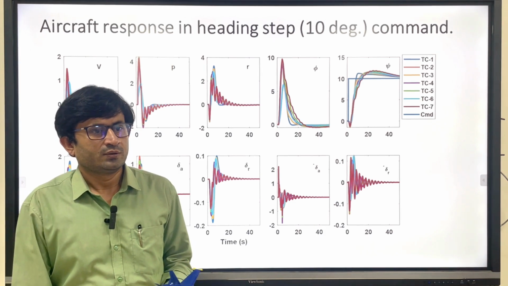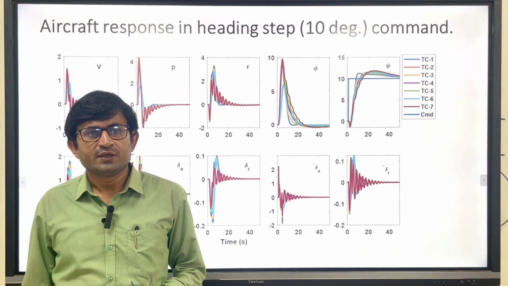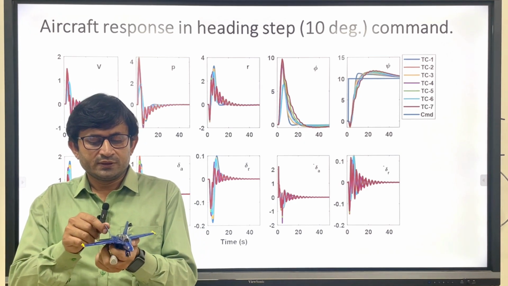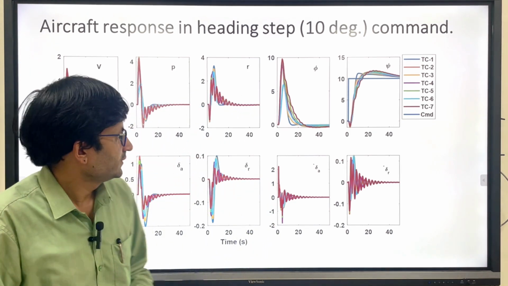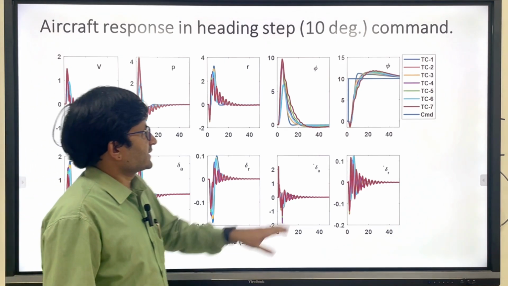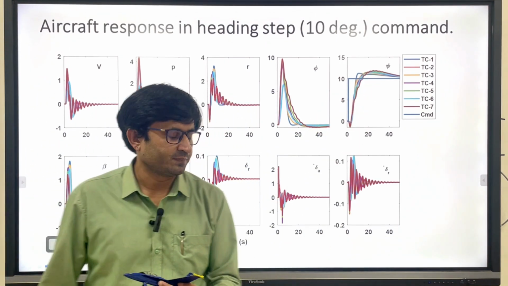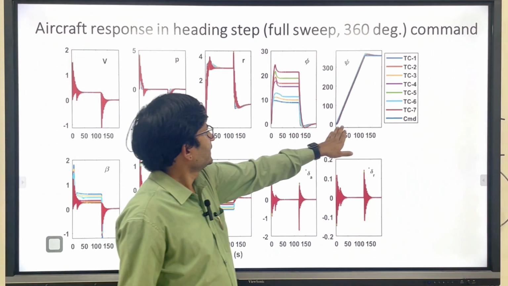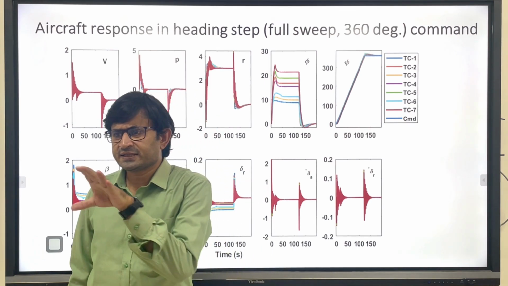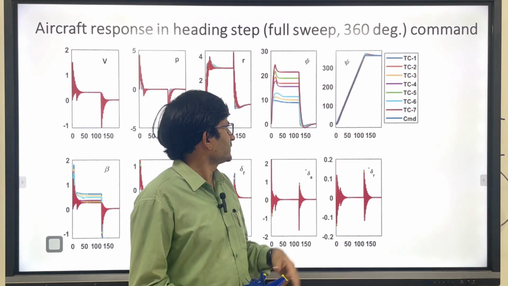So when I teach you the aircraft directional autopilot, then you will see how beautifully rudder plays the important role in order to make the flight coordinated. So as of now we have done the 10 degrees, then let's do a 360 sweep, a complete sweep. Let's say I have commanded a 360-degree sweep with a standard turn rate of 3 degrees per second.